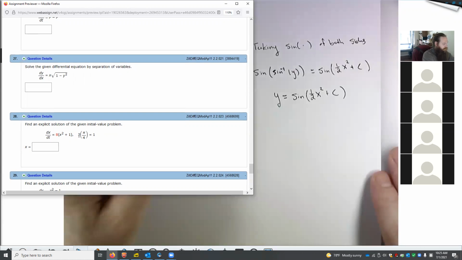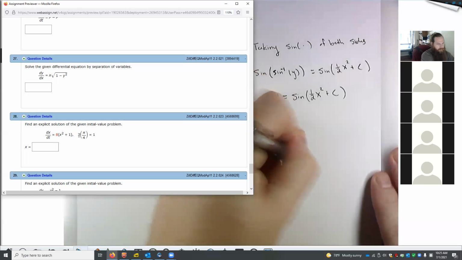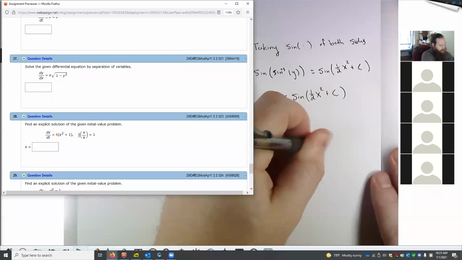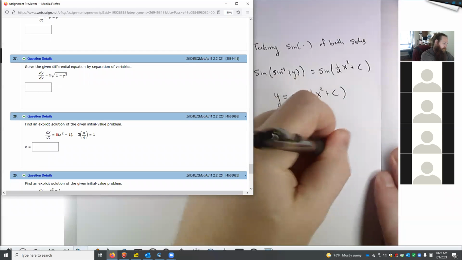So I'm just going to write solve explicitly. dx/dt is equal to 8 times x squared plus 1, subject to the condition that x evaluated when t is equal to pi over 4 gives me 1.